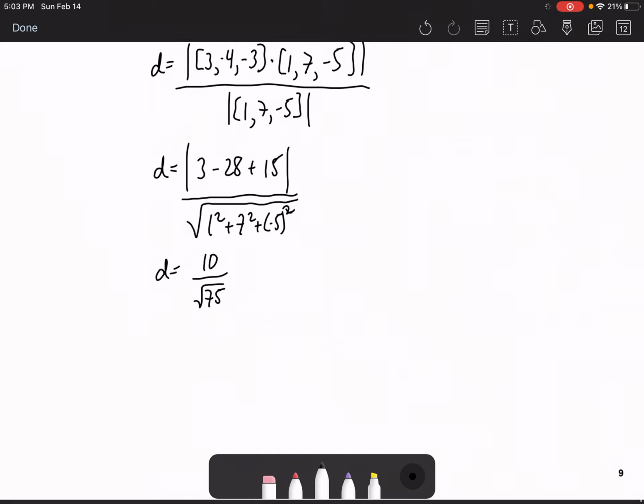If you want to change this into proper format, remember the square root of 75 can be written as the square root of 25 times the square root of 3. So this is 5 root 3, and this is 10 in the numerator. So this simplifies to 2 over the square root of 3, or if you want to rationalize it, 2 root 3 over 3. And there we go. And thus concludes this lesson.